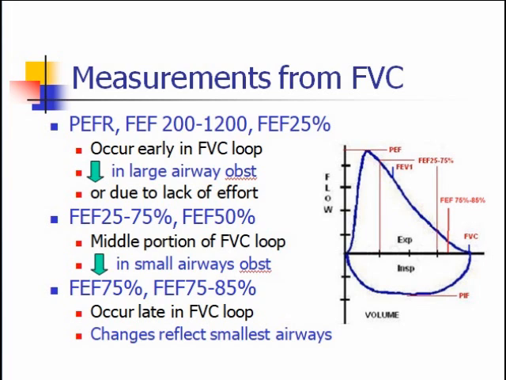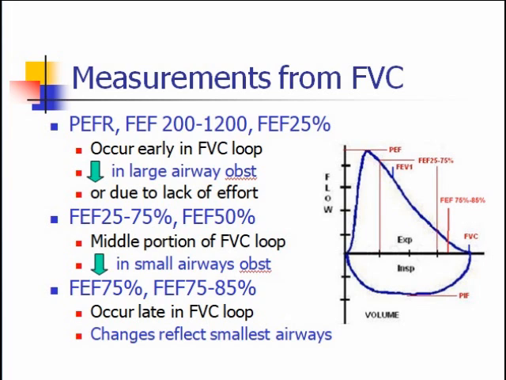Next, we're looking at the FEF 25-75 and the FEF 50%, and that is the middle portion of the loop. Those are the medium-sized airways. And then lastly, the FEF 75%, and also the FEF 75 to 85%.